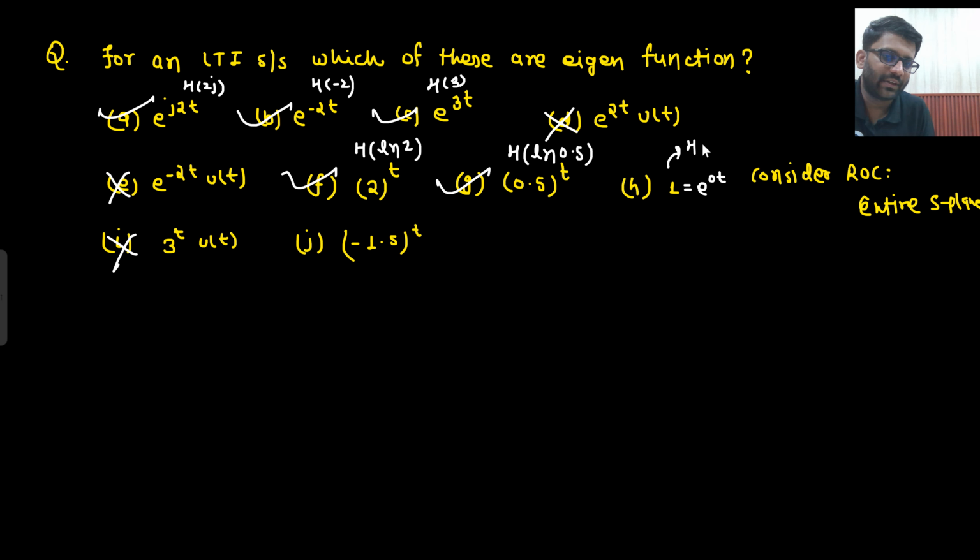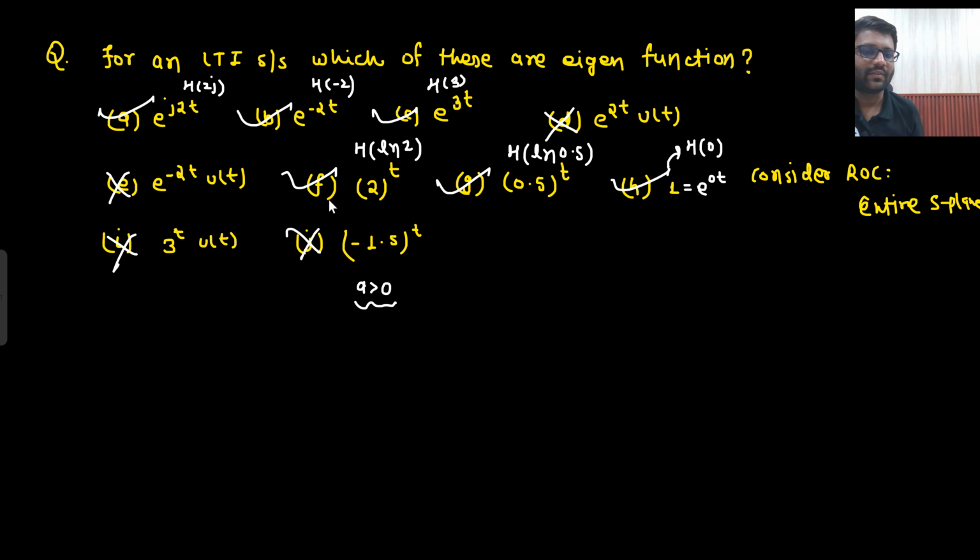So here what is the eigenvalue? e to the power s naught t, what is the value of s naught? 0. So the eigenvalue is H of 0 and the eigenfunction is 1 only. Because 1 can be written as e to the power 0t, and 0 is the s naught value here. So H of s naught, H of 0. This is what you are getting. So this is also correct. This will be wrong, because what is the condition? A has to be greater than 0.